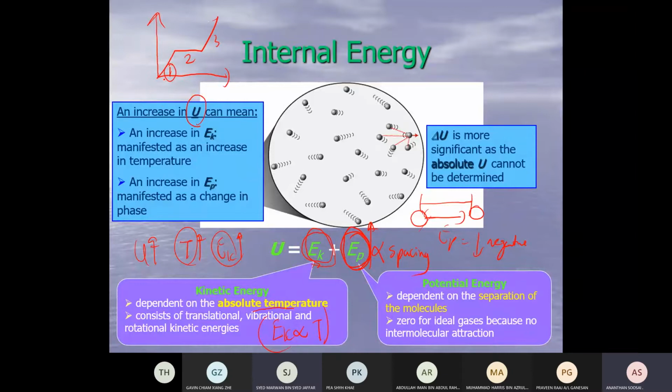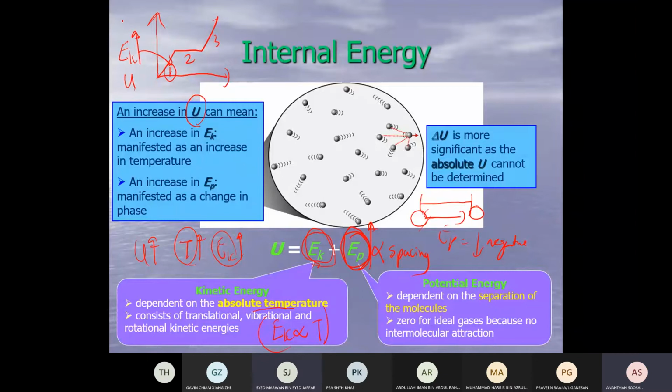At 1, does internal energy rise or not? Yes, internal energy rises. How does internal energy rise? Does EK rise or EP rise? EK. At 1, EK rises, therefore internal energy rises. Why does EK rise?